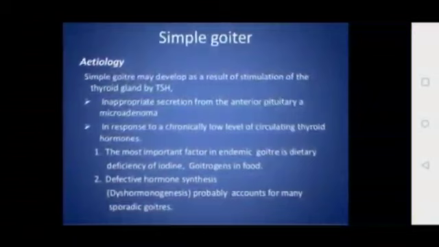This elevation of TSH can be from two causes: inappropriate secretion from the anterior pituitary, which can be a microadenoma, and elevated TSH in response to chronically low levels of circulating thyroid hormones. The most important factor in endemic goiter is the dietary deficiency of iodine and goitrogens in food.